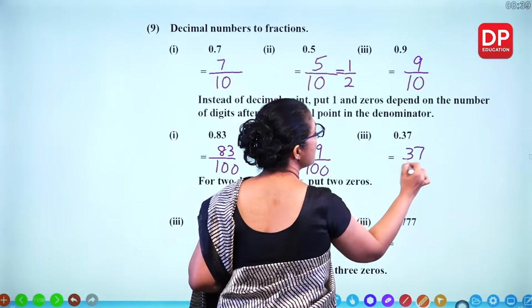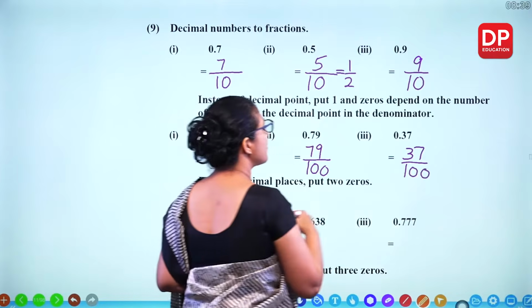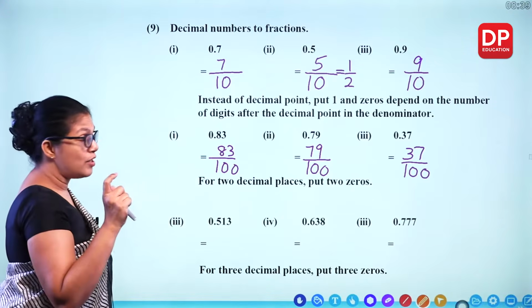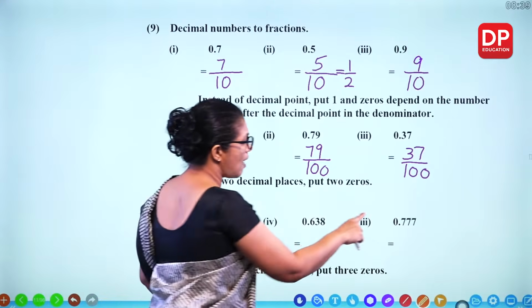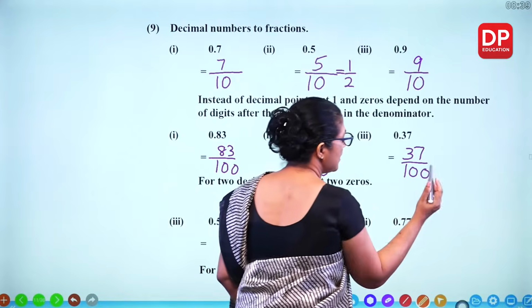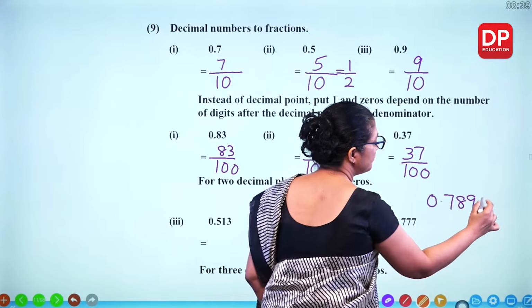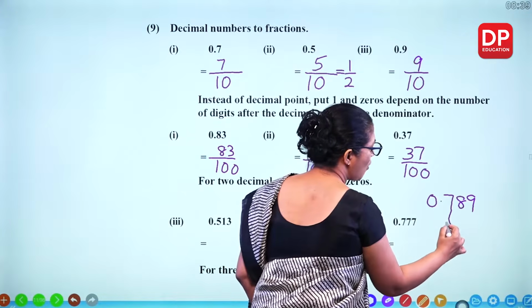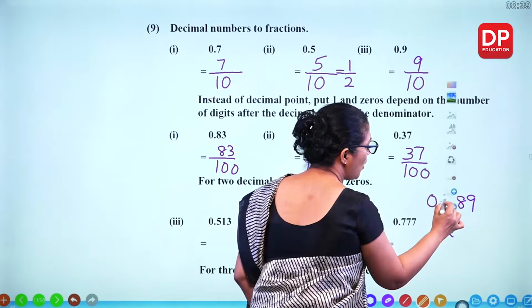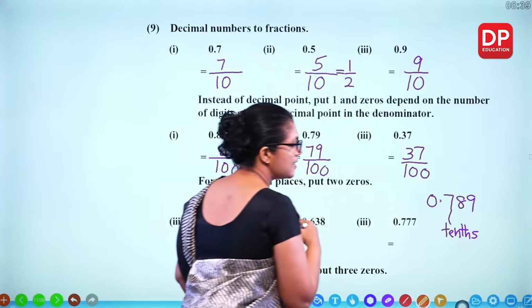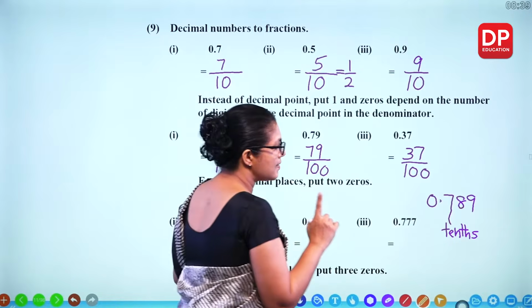0.37 means 37 over 100. So you need to remember, when you look at the places after the decimal point, take any number here. This is what we call the tenths place, T-E-N-T-H-S, tenths place.